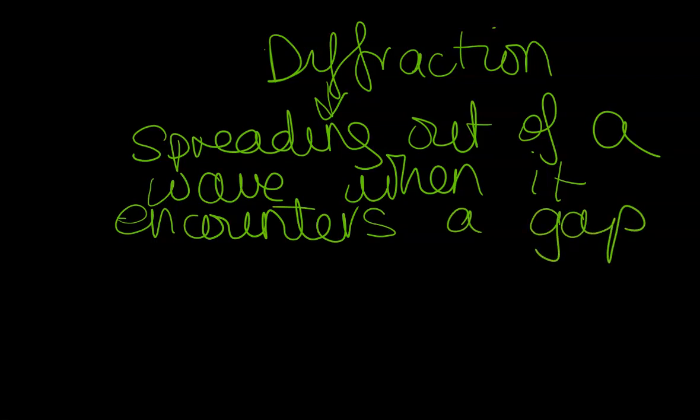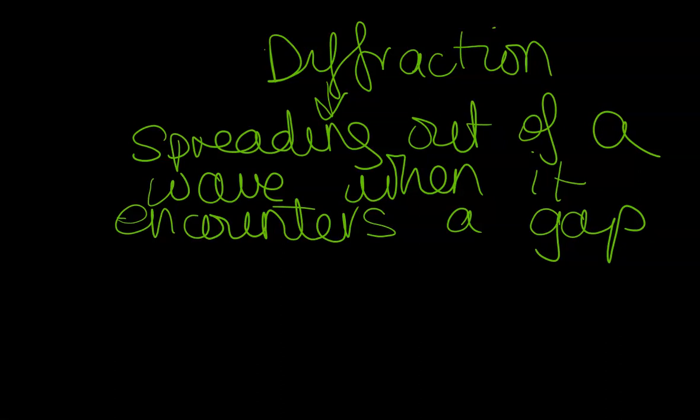Now, if you think about opening a door, for example, and you are standing inside a room and you have the doorway open and somebody is standing outside and you are speaking, then the sound energy is able to diffract through the doorway and the person on the outside is able to hear you.